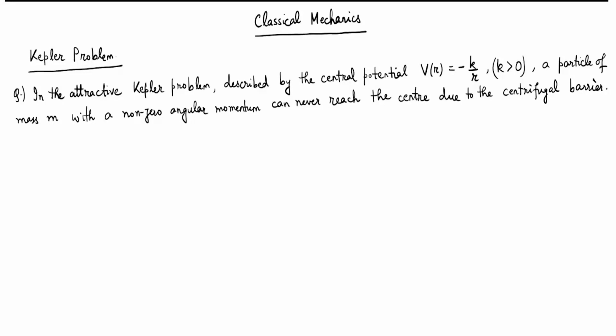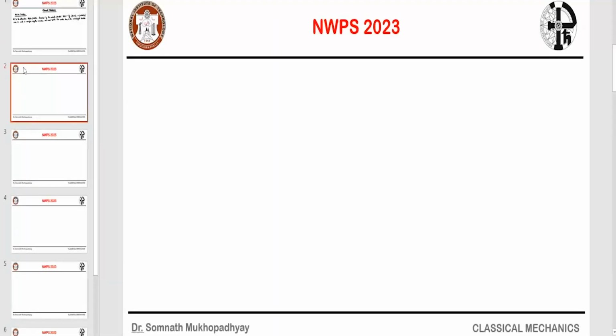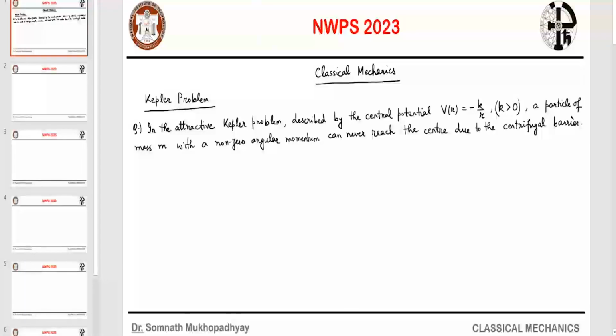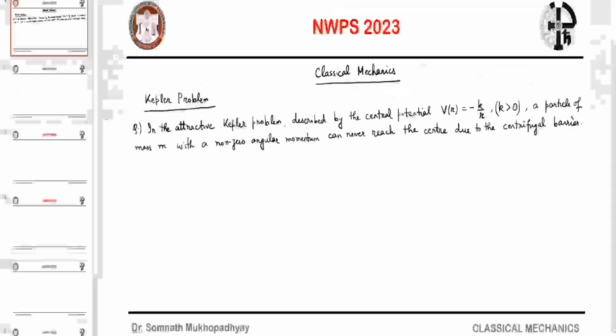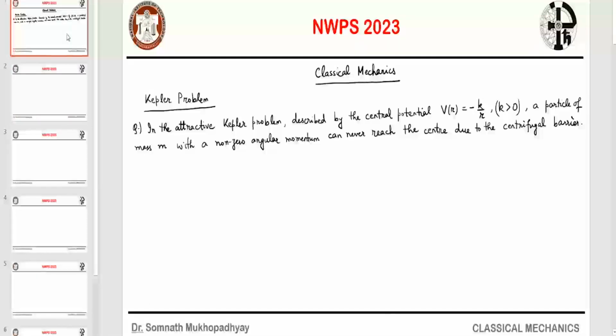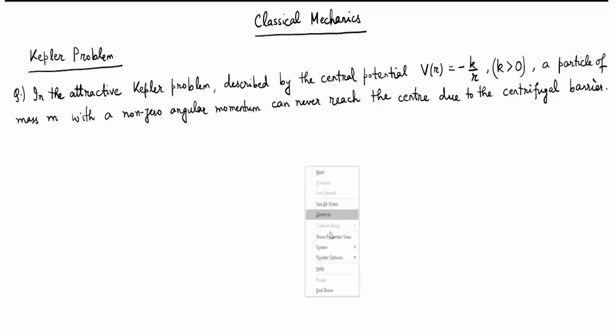So in this centrifugal barrier, let's say this is the center of the force.